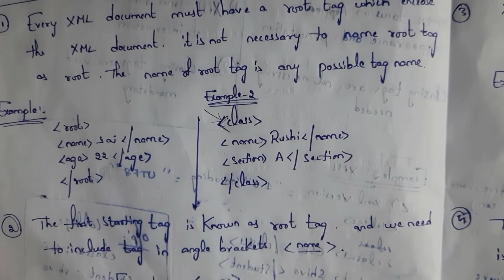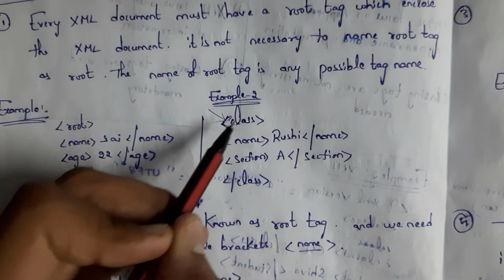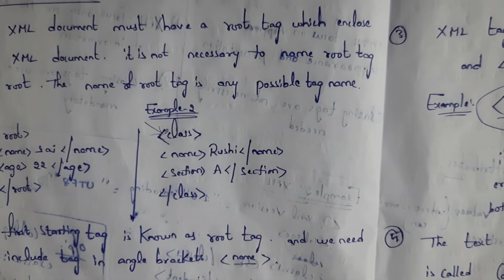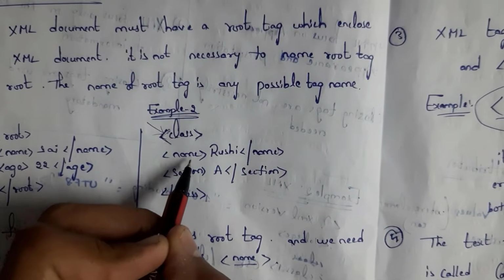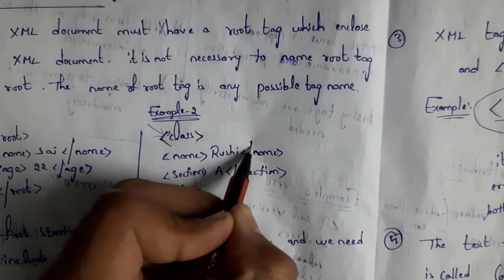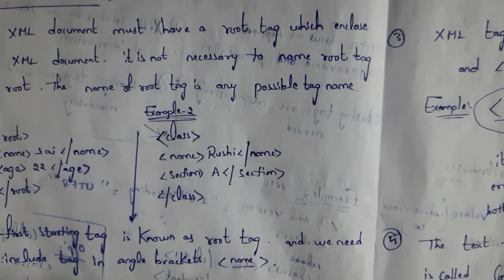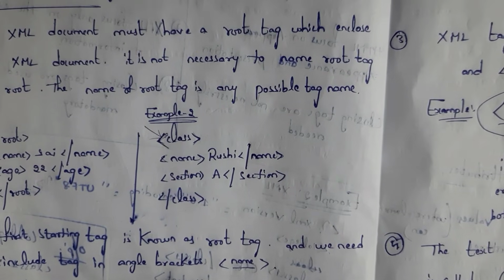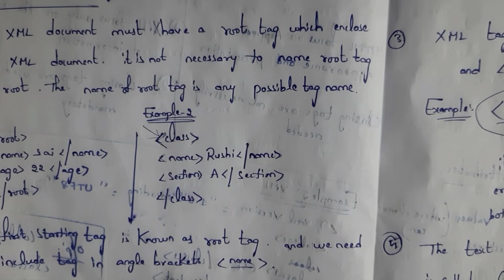And definitely we need to include an open angle bracket and a closed angle bracket for this root element. And for every open tag, there should be a closed tag. For example, if you see this, I wrote name, and similarly I closed this name, and we need to close it by using the slash symbol.